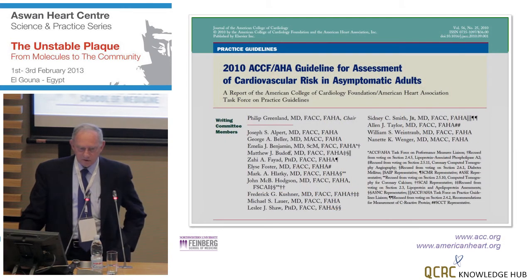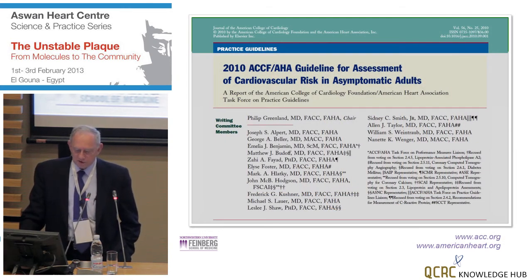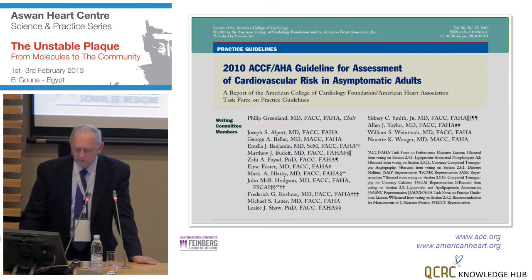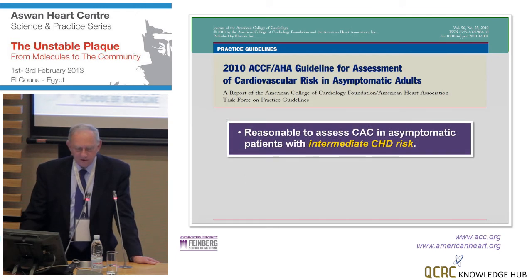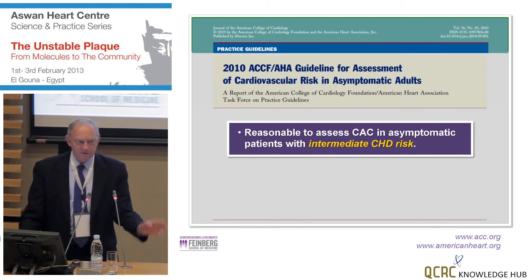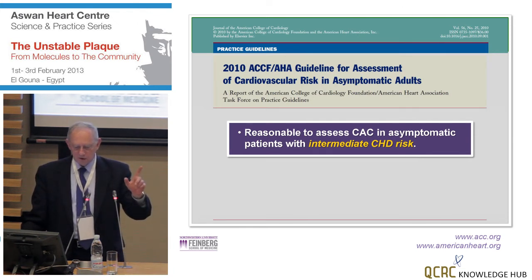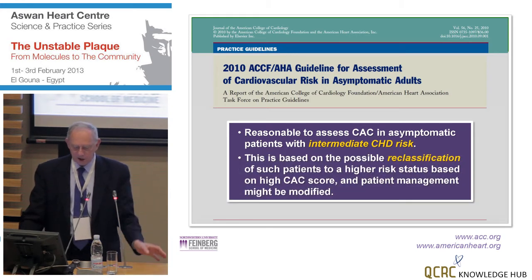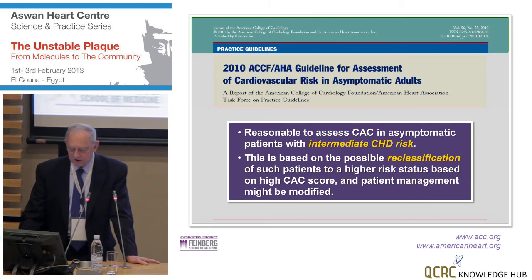And this has led to the documents that were discussed yesterday regarding the application of CT scanning, both in the US and Europe, and the 2010 ACC-AHA recommendations for cardiovascular risk assessment with CT scan say that it's reasonable to assess coronary artery calcification in asymptomatic patients in that intermediate risk group, but only if it's going to change your management. This is based on the possible reclassification of such patients to a higher risk status based on a high calcium score, and therefore patient management might be modified.